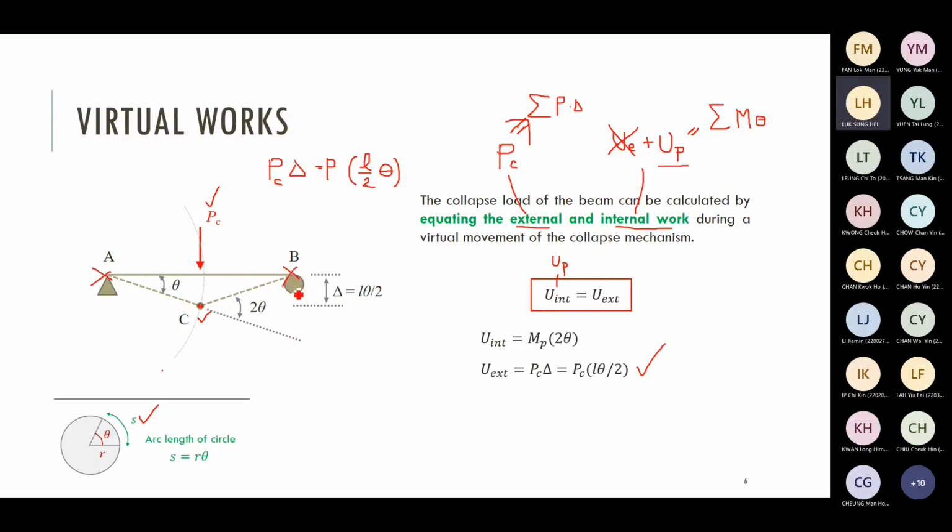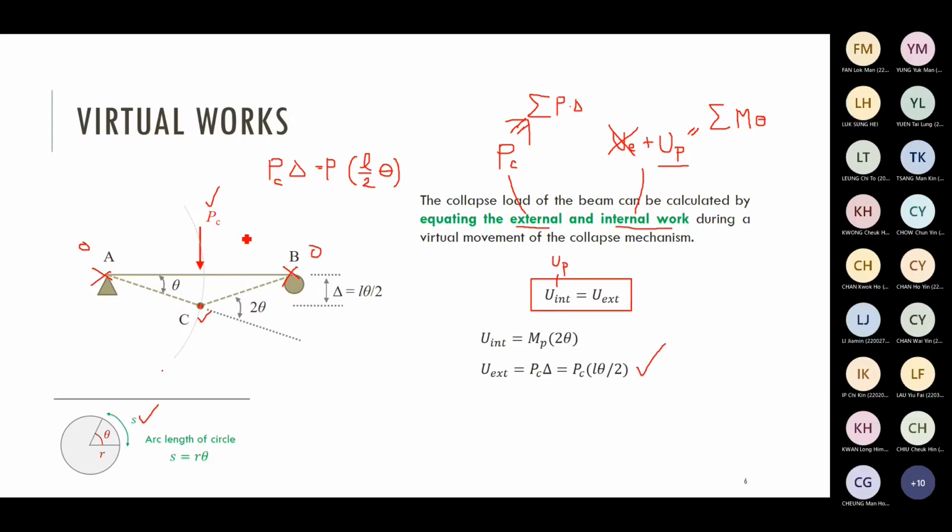They are real hinges. A real hinge has no moment at point A and point B. So there is no work done at point A and point B because there is no moment.